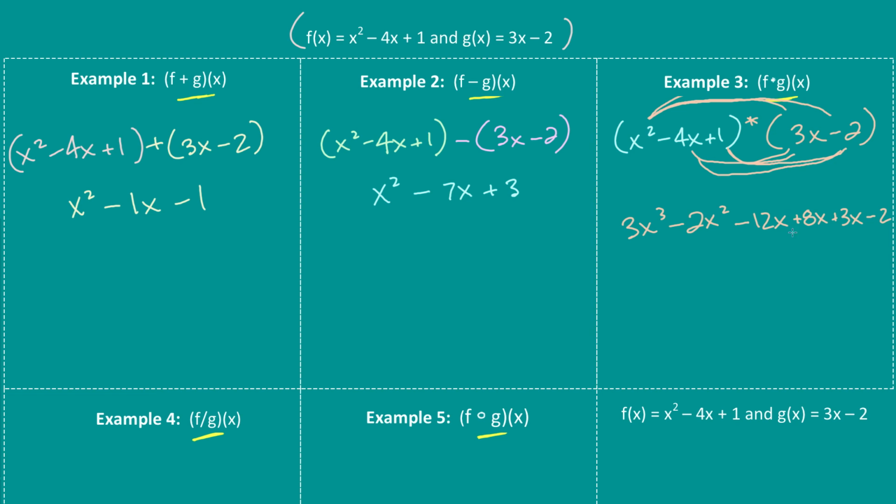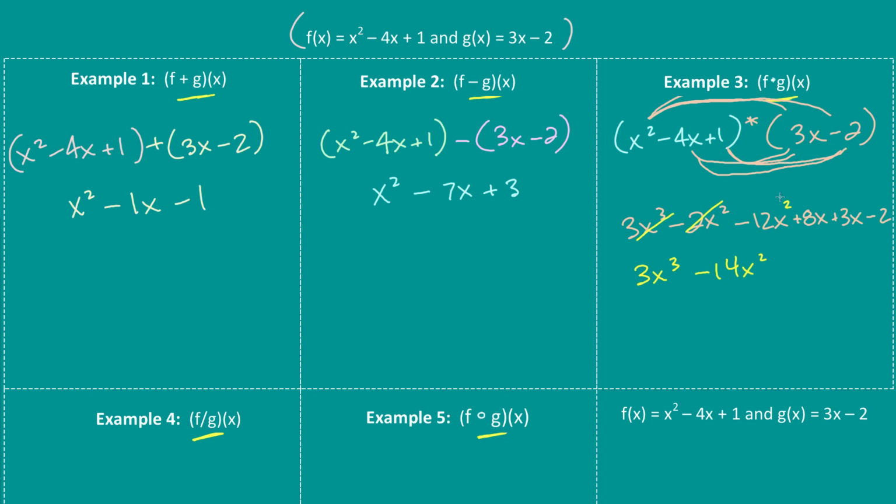Combine all the like terms. We only got one 3x cubed, so that would be 3x cubed. The minus 2x squared, oh wait, I'm sorry, that was my fault. Minus 2x squared minus 12x squared would be minus 14x squared. That would be why that was bizarre.